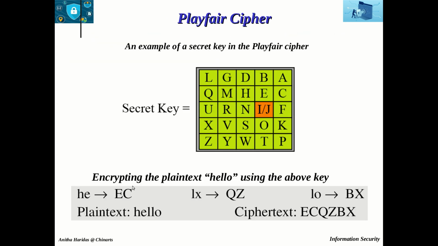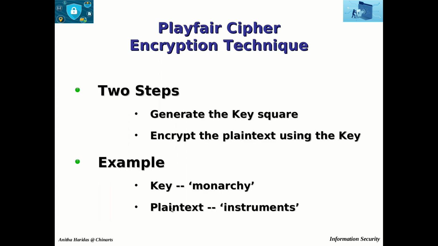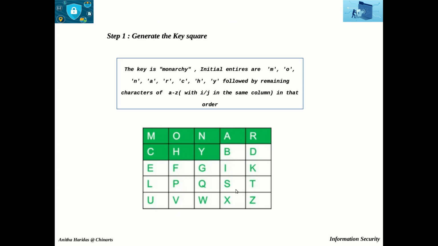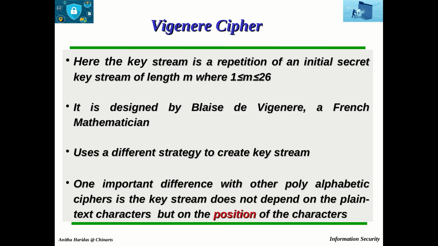And in the Playfair cipher, it depends on the secret key that you are going to use, and based on this key, the key square will be created. Whereas in the case of Vigenere cipher, the key stream does not depend on the plain text characters, but it depends on the position of the characters. Let us see how it depends on the position of the characters.